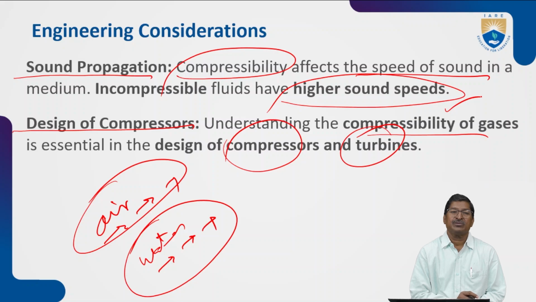Both of these depend upon the compressibility of fluids, maybe gases. So in the case of an aeroplane or turbines, compressibility will have more impact on the design of the compressors.